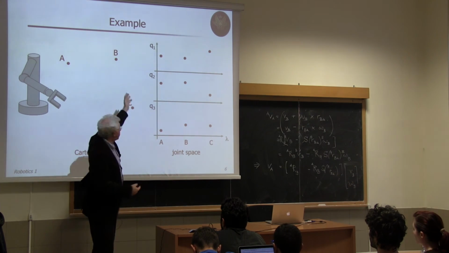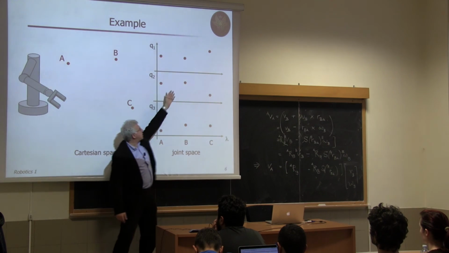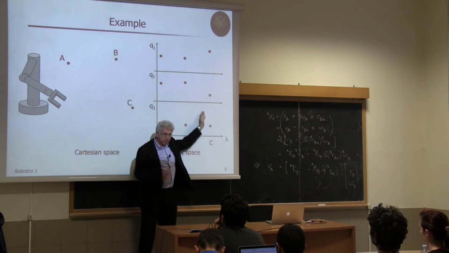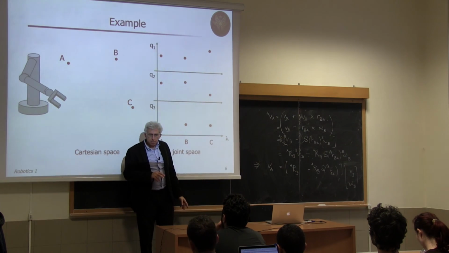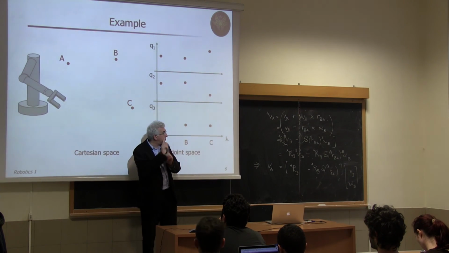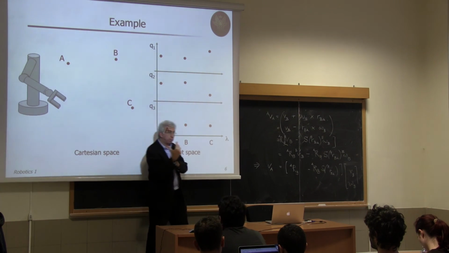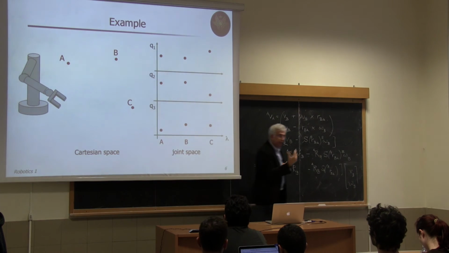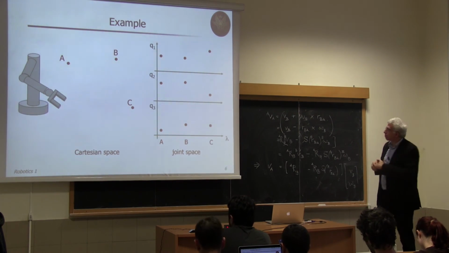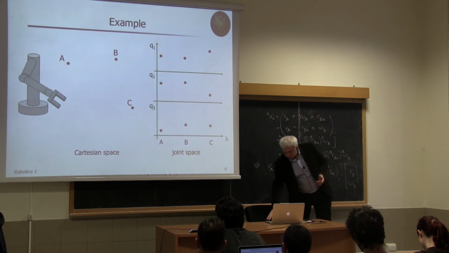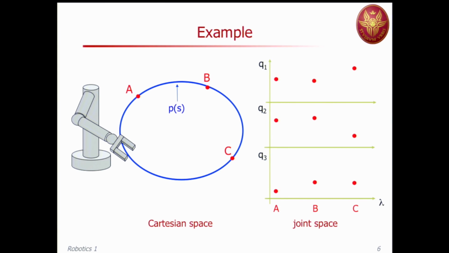Now, if I choose one of the 4 for this, typically I would like to keep this type of inverse kinematic solution also for the next point. Because I know that otherwise I would typically have to go through a singularity to change the type of inverse kinematic solution. And this may create some problems. Okay? So now I do the interpolation. For instance, this circle, and this will be P of S.